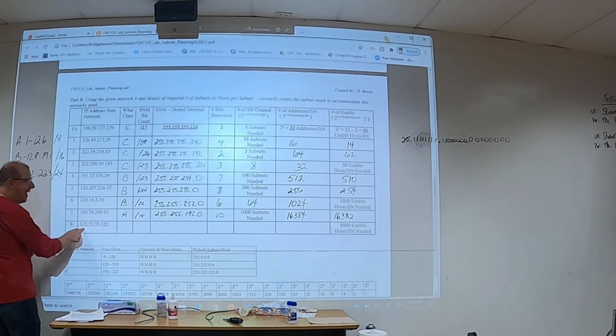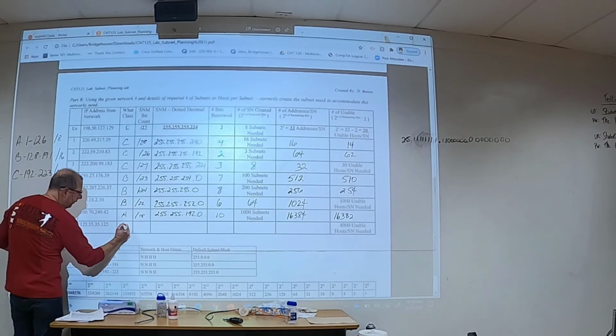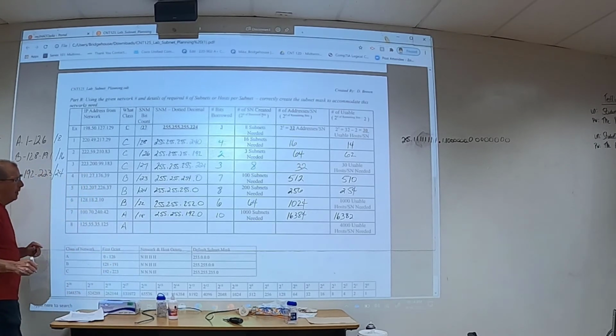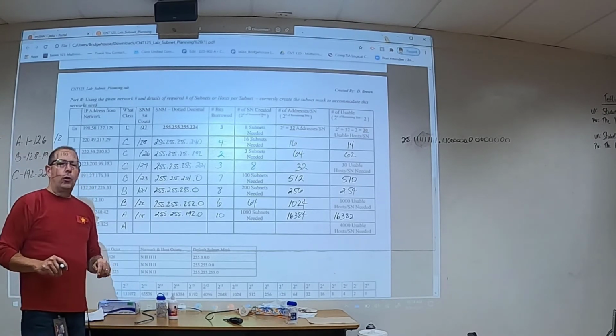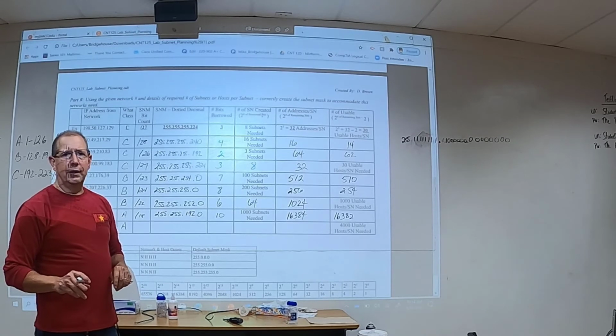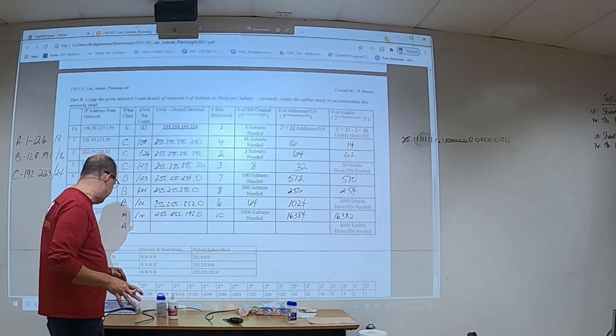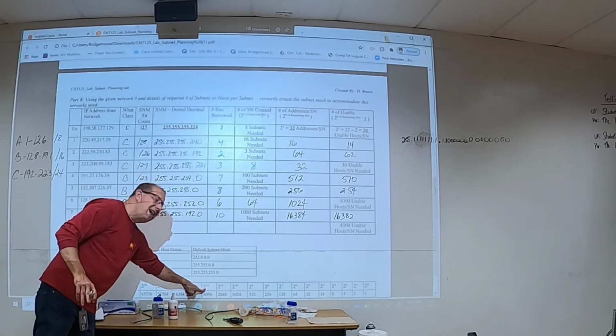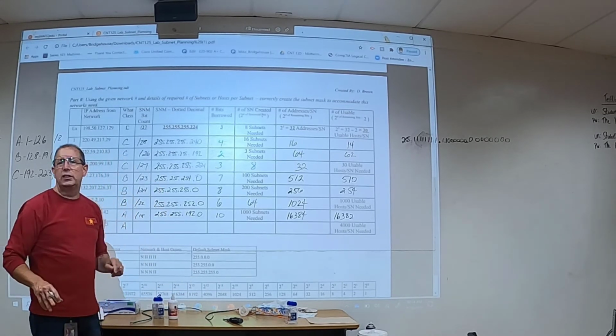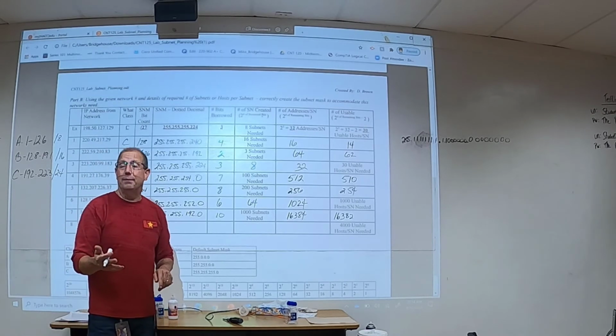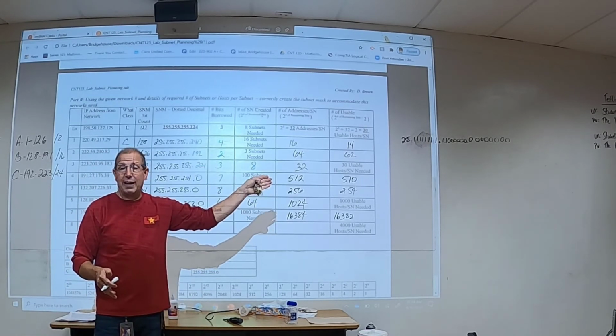This is the Class A network. It's a 125. This one wants 4,000 hosts on the network, which means that's how many zeros I'm going to have. So we're going to come over here. I'm going to have 12 zeros. That's not that bad. That means the last octet I don't touch.